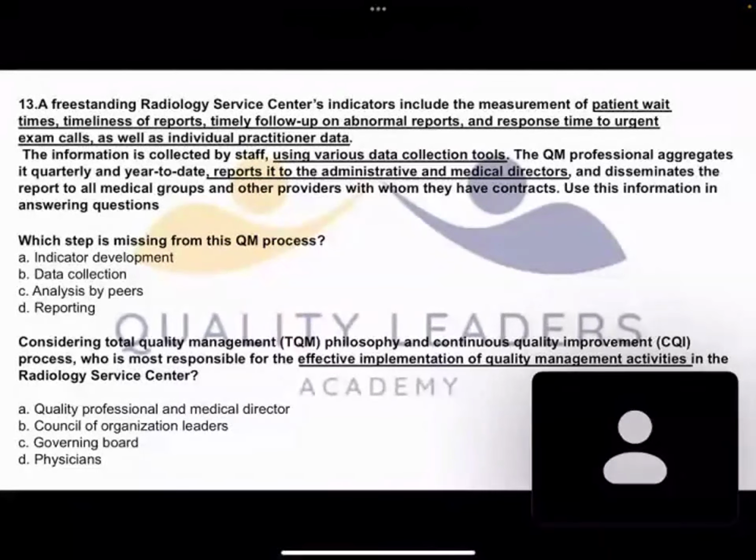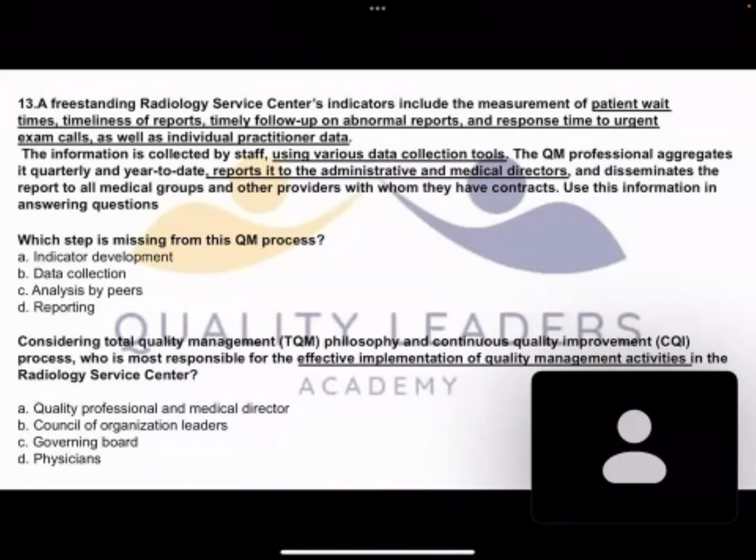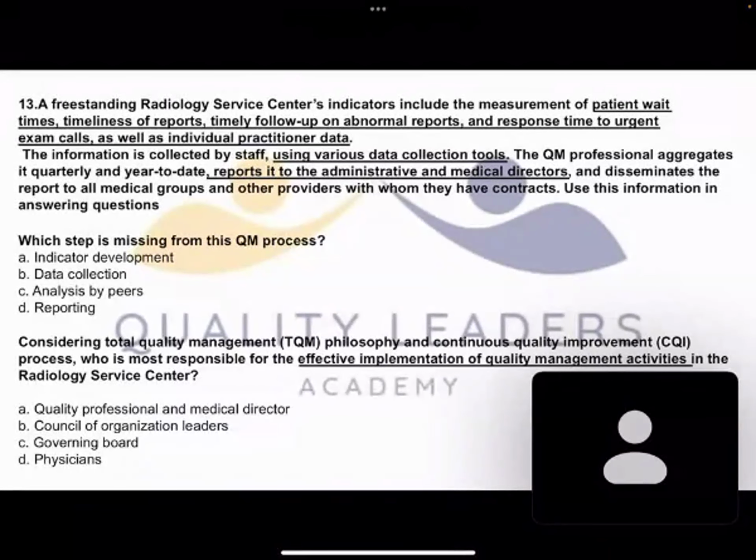Bismillah ar-Rahman ar-Rahim. Assalamu alaikum once again and good evening. Number 13, a freestanding radiology service center's indicators include the measurement of patient wait times, timeliness of reports, timely follow-up on abnormal reports, and response time to urgent exam calls, as well as individual practitioner data.